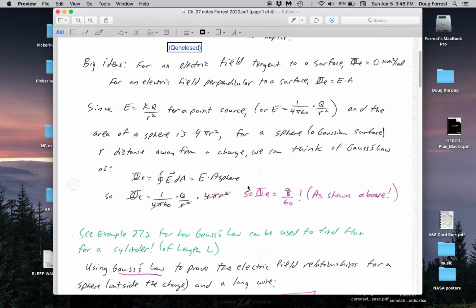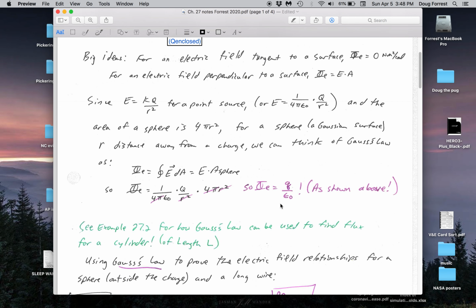And so simply the flux inside this is really equal to the charge enclosed over vacuum permittivity. So a lot of this 4 pi r squared stuff cancels out in the numerator and the denominator. That's really interesting: the flux does not depend on how far you are from the charge, only on the charge enclosed.